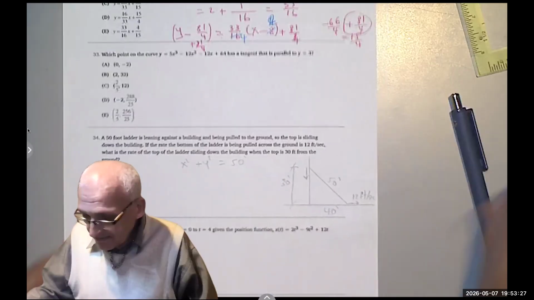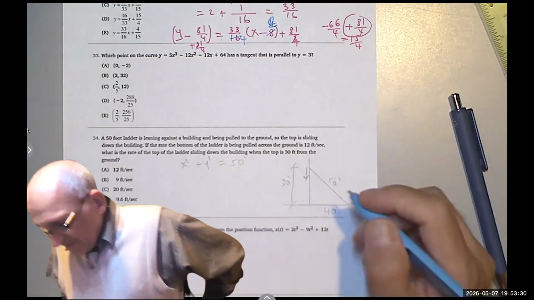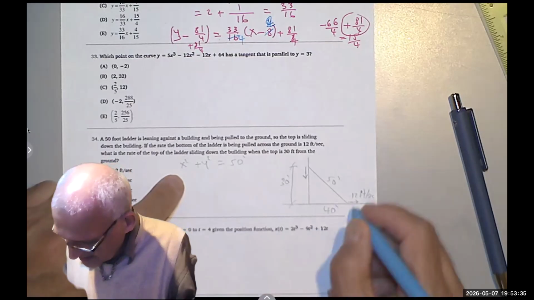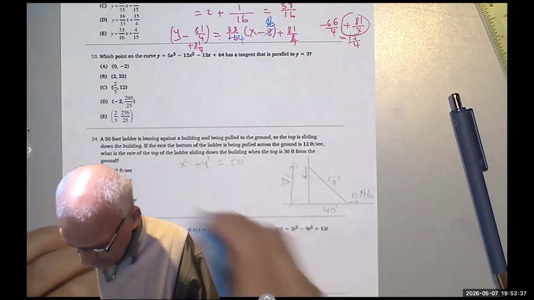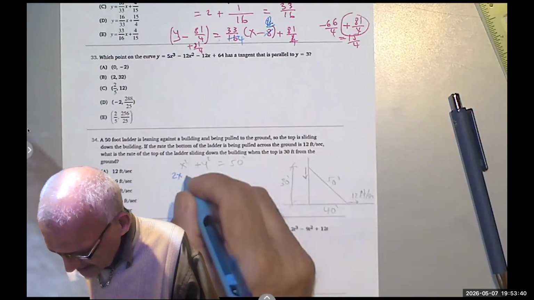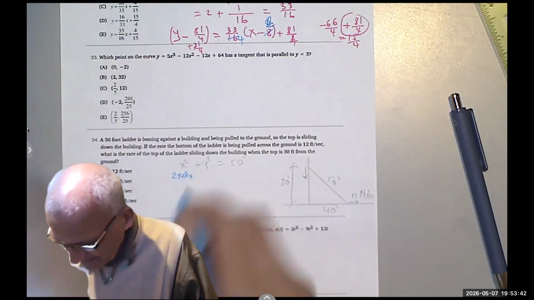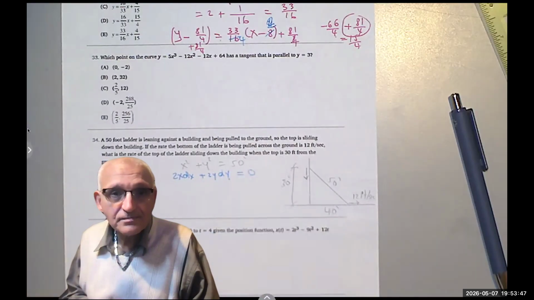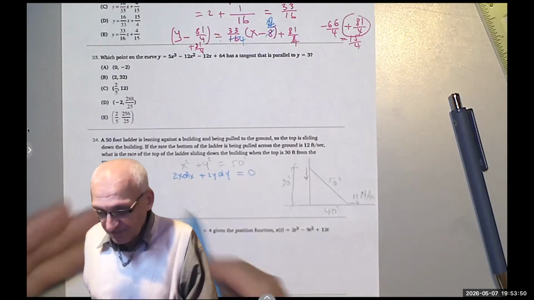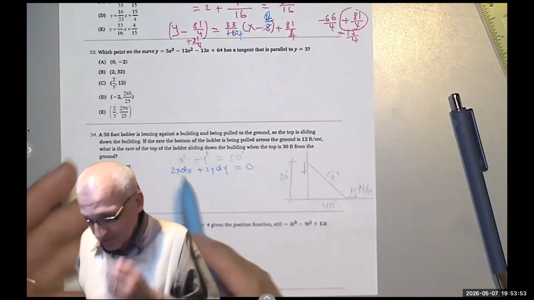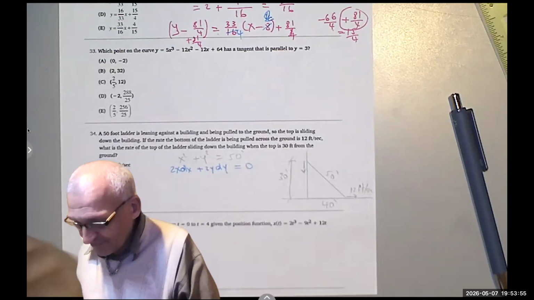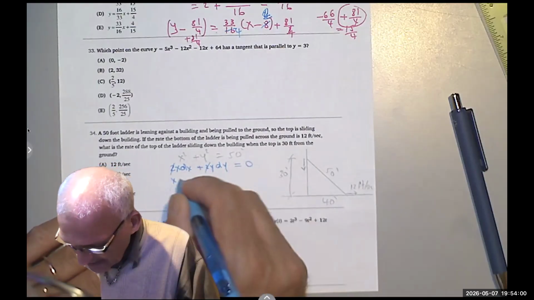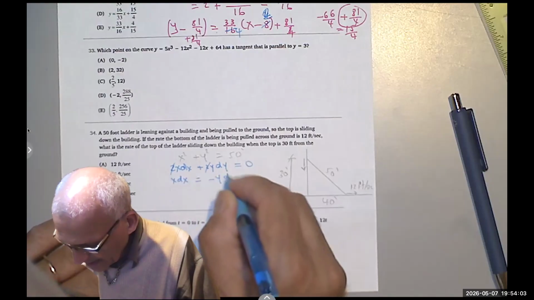So let's take the derivative of each. This would be 2x dx, and this is 2y dy equals 0. I'm taking the derivative of x with respect to time, so I take a differential of that. Of course, the 2 and the 2 cancel, and I get x dx equals negative y dy.